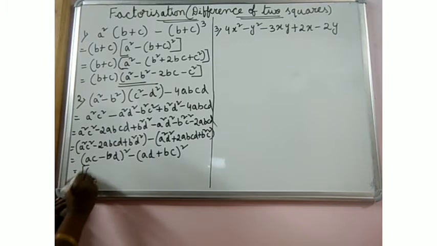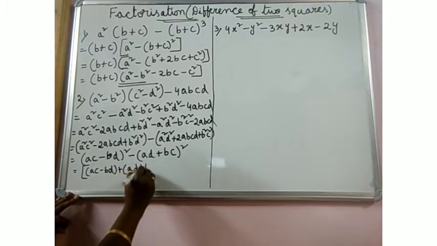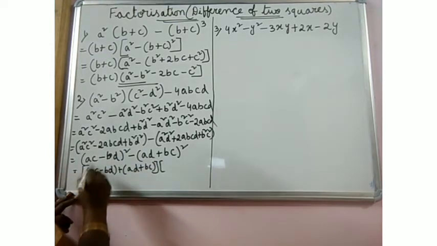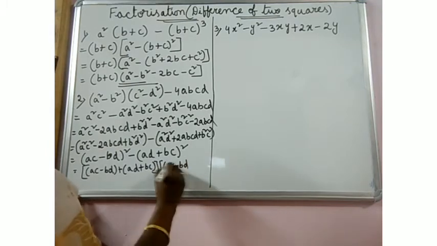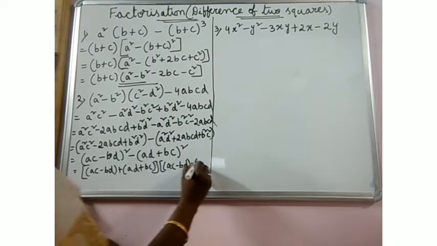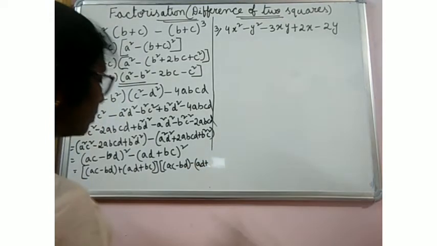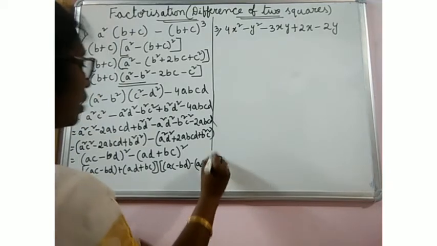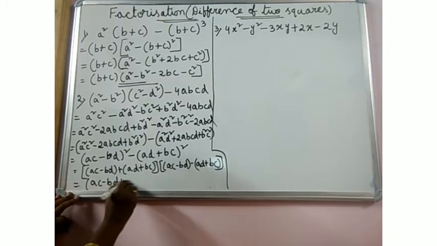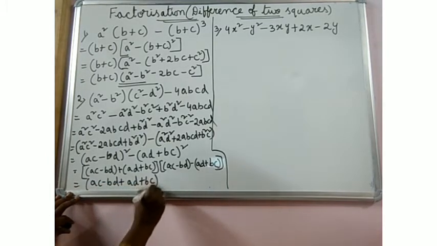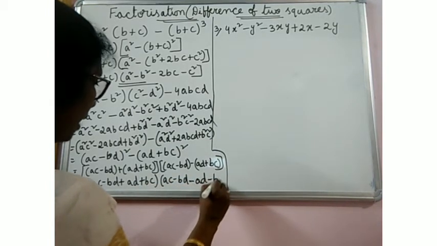So (ac minus bd plus ad plus bc) into (ac minus bd minus ad minus bc).